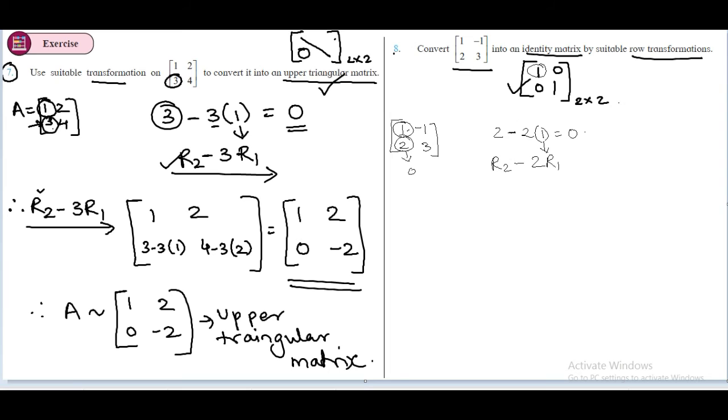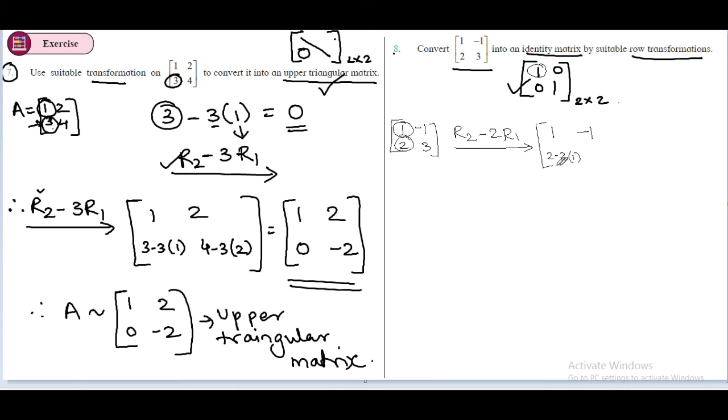So let us apply the operation. Keep in mind that is R2 minus 2R1, which will give us a new matrix. There is no change in the first row, right? So it will be as it is, and this element will become 2 minus 2 into 1.